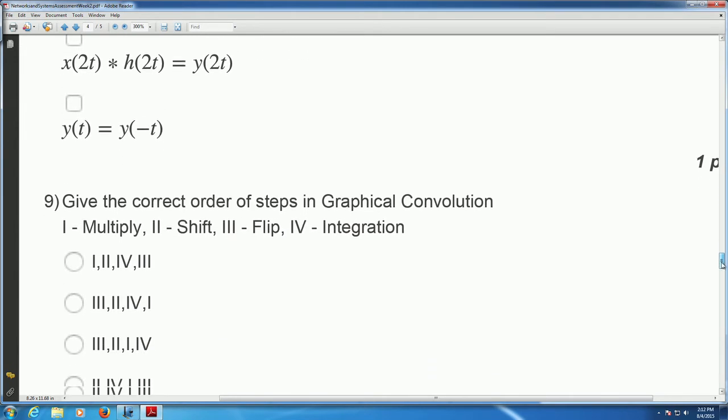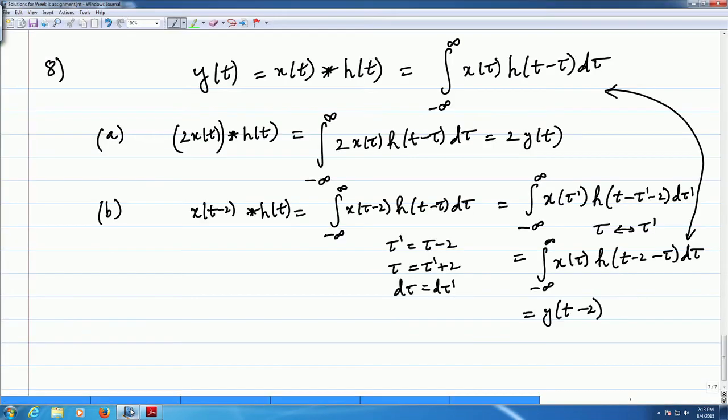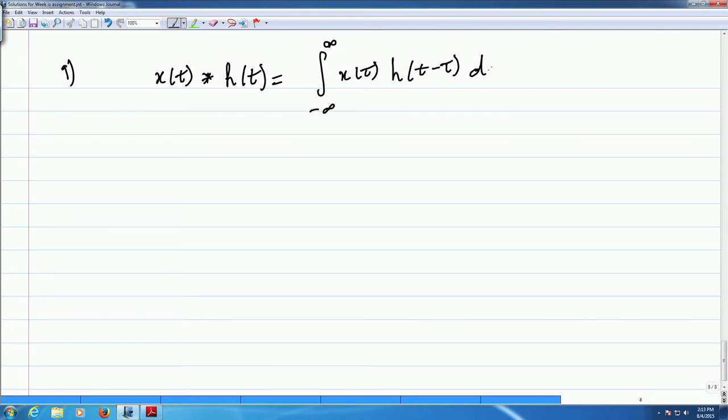Okay. Now, the ninth question is a simple definition of convolution. What are the steps in the convolution? You have to first flip. If you look at the convolution equation, let me write that down. Ninth question, if you want to convolve x of t with h of t, basically it is integral minus infinity to infinity x of tau h of t minus tau d tau.